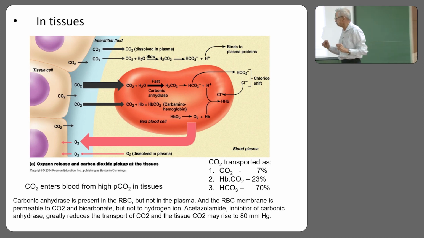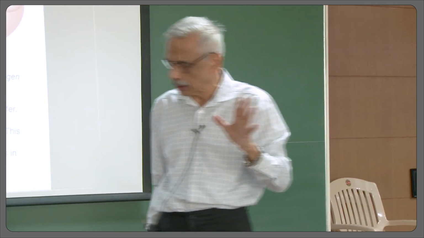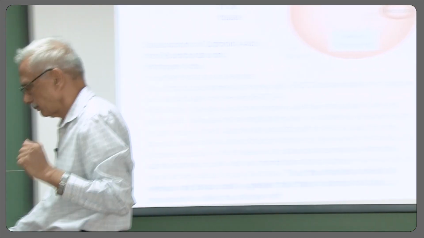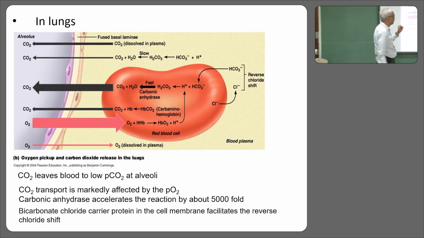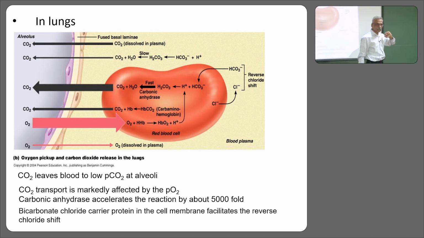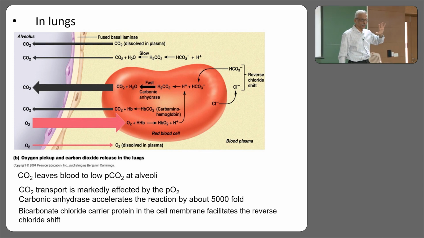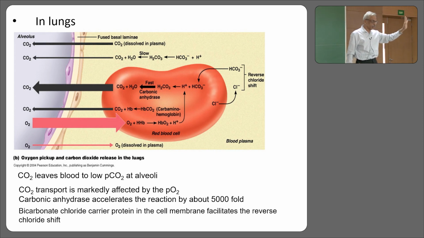The 3 ones, okay. So, what do you have in the cell? A lot of bicarbonate. Bicarbonate has a charge. As a result of that charge, can it flow out of the plasma membrane? No, it cannot.